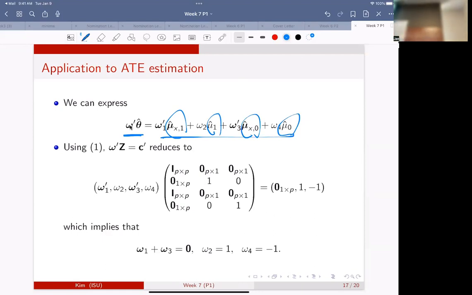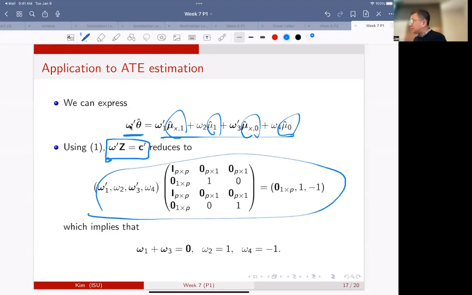I want to construct a linear combination of the available estimators, and I want to impose an unbiasedness condition to reduce the number of unknown parameters, that is, to reduce the number of weights. So this is my constraint, and my constraint simplifies the weights.